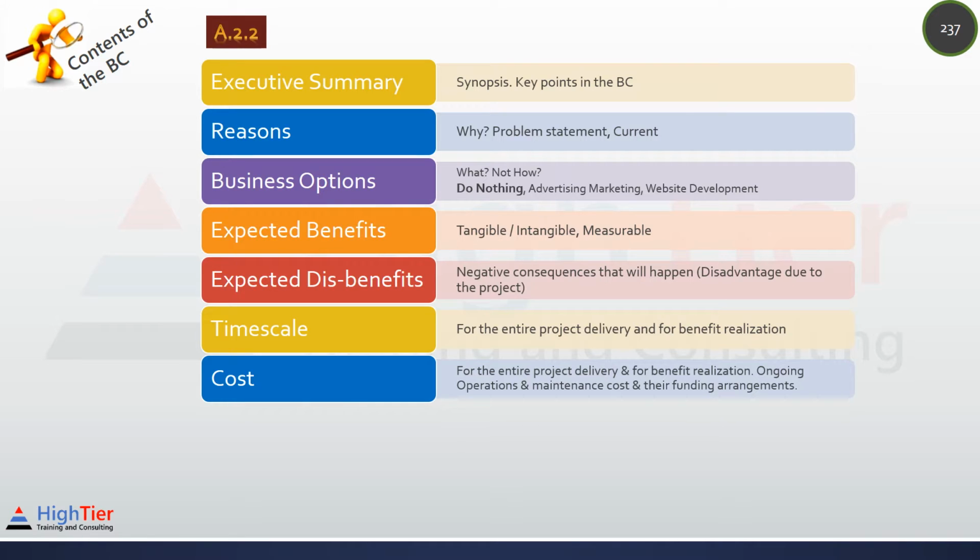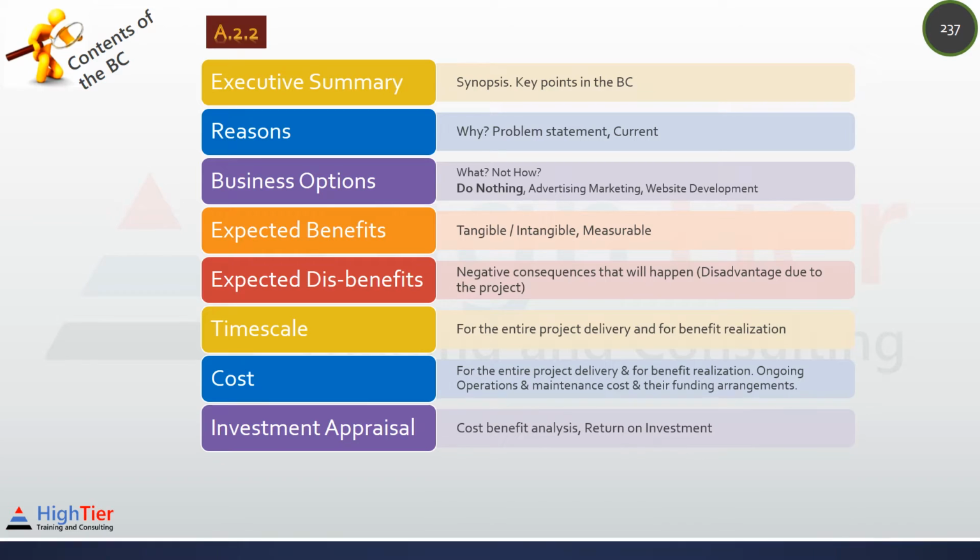It is important not only to know how much it will cost, but also where the money is coming from. For example, if the project costs 750,000, 250,000 is funded by the business and the rest is a loan taken from the bank. Now there are implications of taking a loan on the project, so funding arrangement should also be in this section.